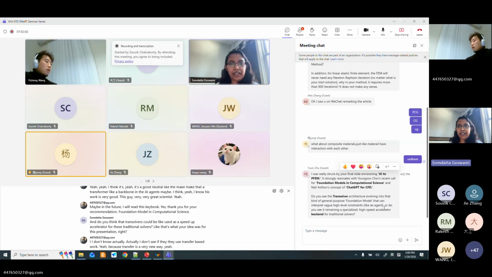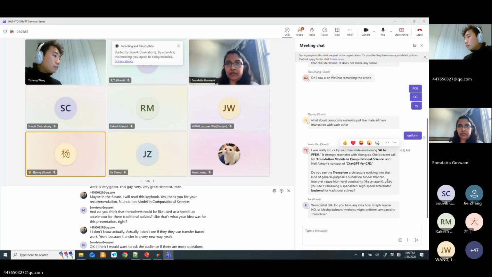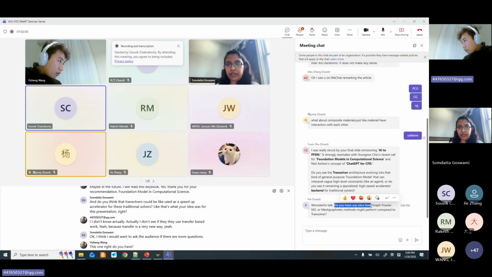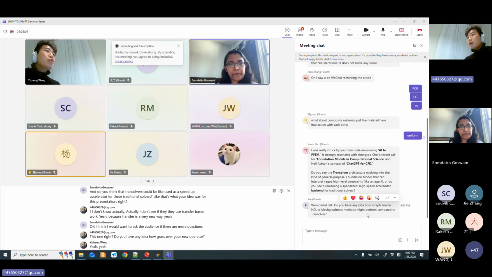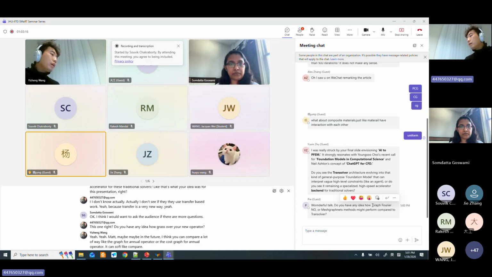Do you have any idea how graph Fourier neural operator compares? Maybe in the future you can compare a lot of ways, like the graph Fourier neural operator or other methods, because the graph Fourier neural operator can solve complex geometry problems.